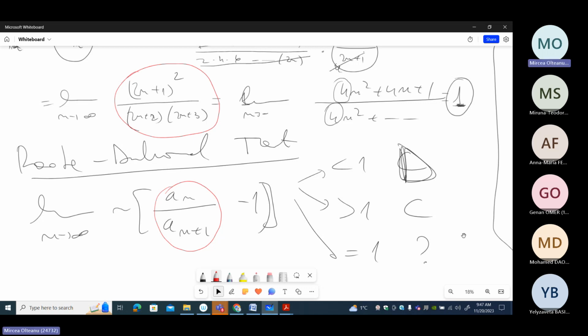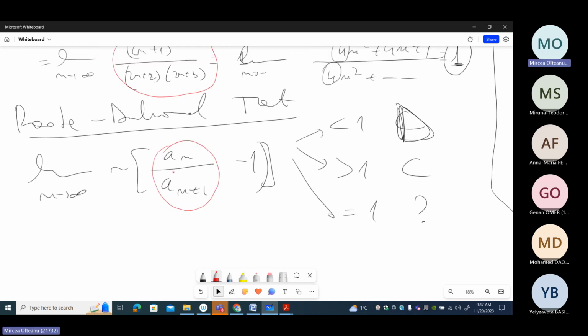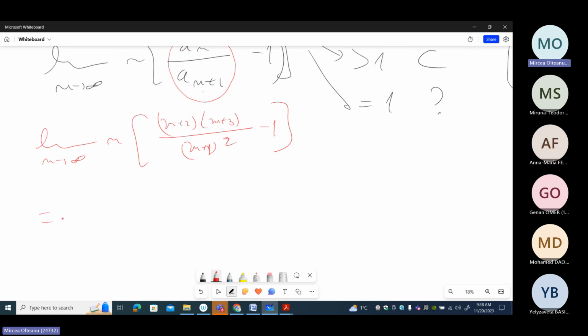So when you apply the Raabe-Duhamel test, some computations were already done. n times (a_n over a_(n+1) minus 1) is n times ((2n plus 2) times (2n plus 3) over (2n plus 1) squared minus 1). Now we must compute this limit, which is usually a simple one, not very complicated.